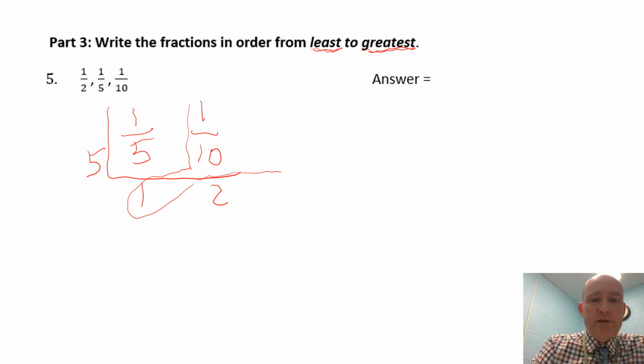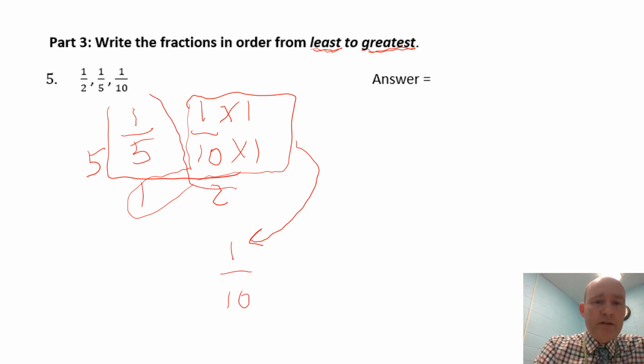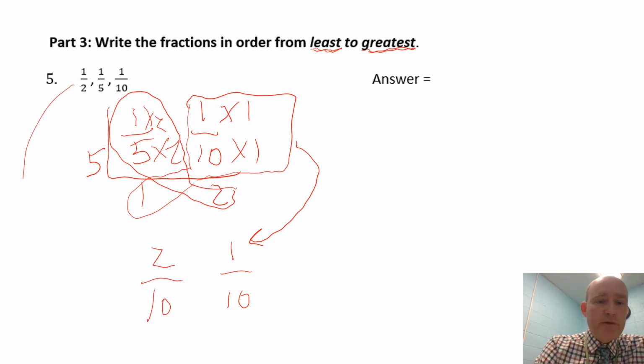Right now we cross multiply. Times 1, times 1. We get 1/10 down here. And then we cross multiply over here. Times 2, times 2. 1 times 2 is 2. 10th. Now we bring down the 1/2.